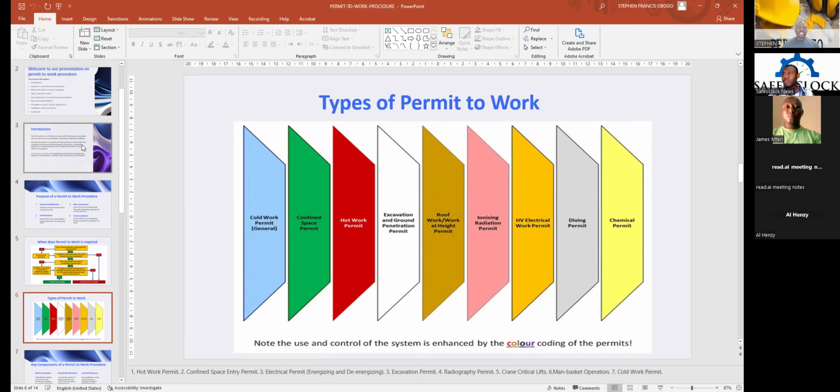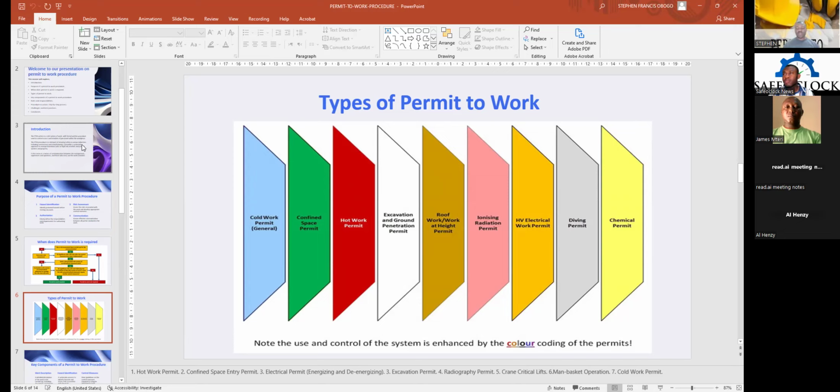The type of permit, or your kind of industry, will determine the kind of permit to be used. So different industries have different forms of permit. If you work in an industry where there is no lifting activity, you might not need a lifting permit.